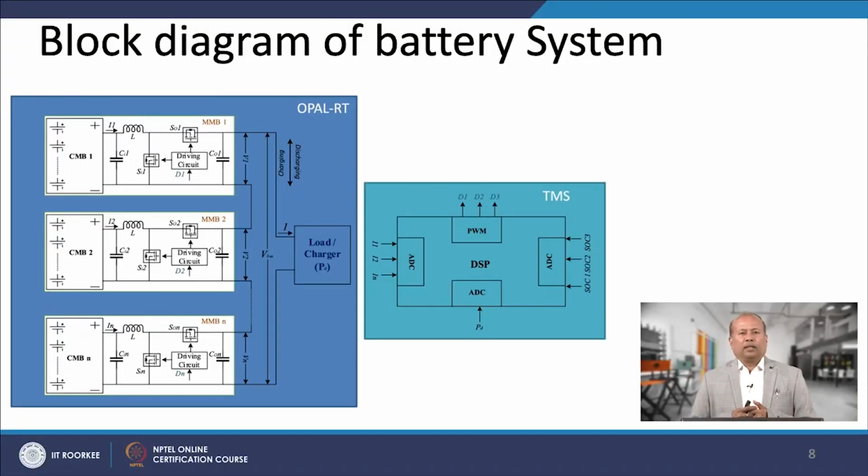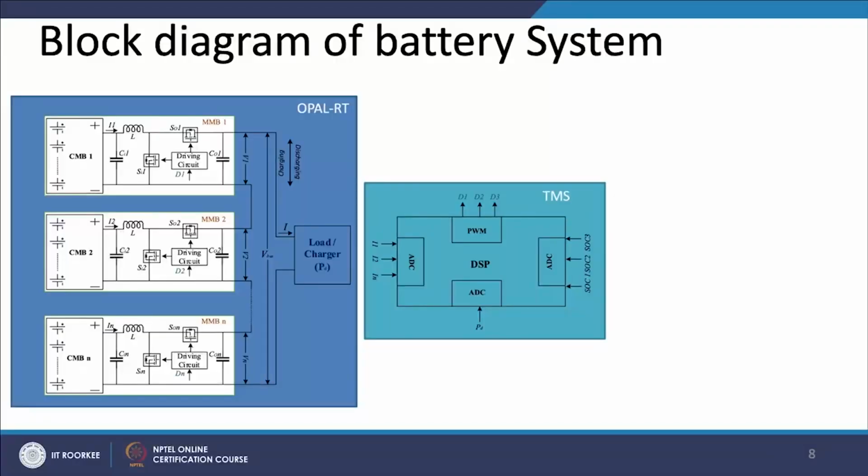Let us discuss the construction of the CHIL setup in the following steps. Step number 1, consider a battery system of 3 modules, the so-called plant, in Opal RT. Step number 2, call out the necessary parameters required for the balancing strategy from the plant. Step number 3, develop a balancing code in MATLAB using the called out battery system parameters.